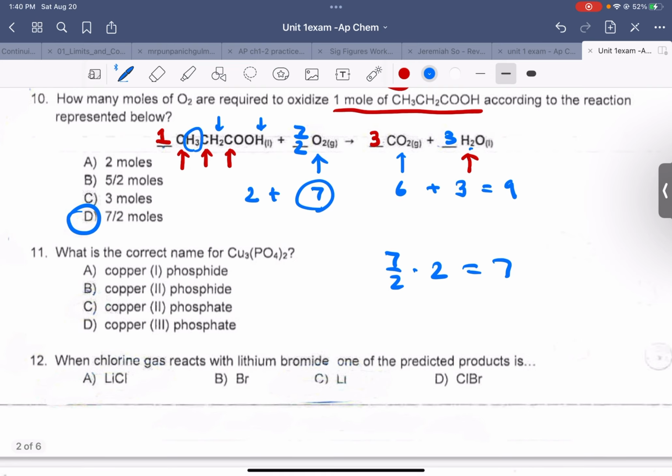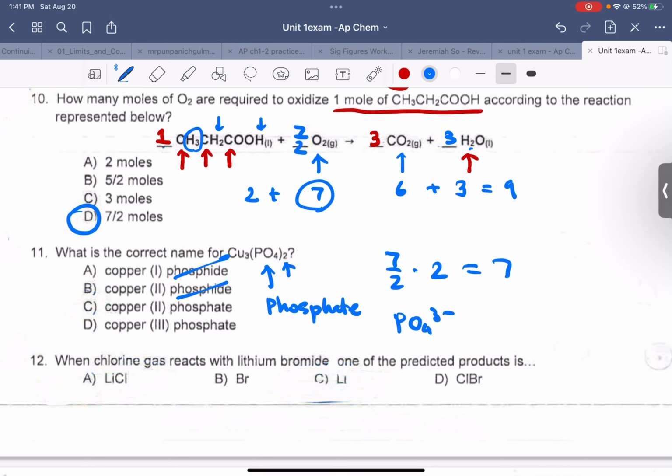Number 11, what is the correct name for Cu3(PO4)2? So this one is a polyatomic ion. I believe your teacher provides you the table. So that one is a phosphate. Phosphate is basically PO4 3 minus.